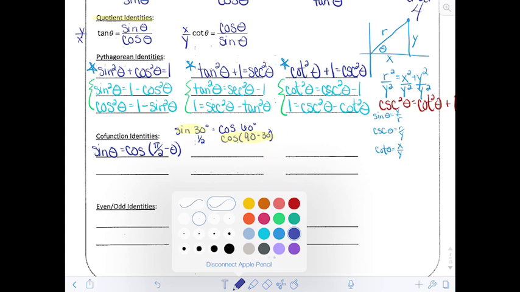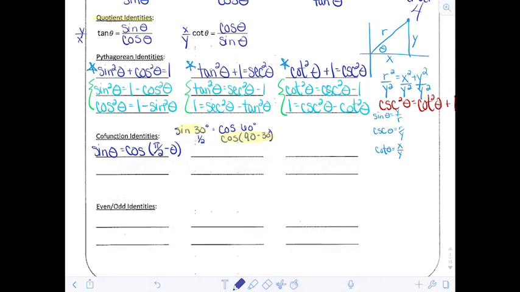So if I take then and reverse this, I could say the cosine of theta is equal to the sine of pi over 2 minus theta.